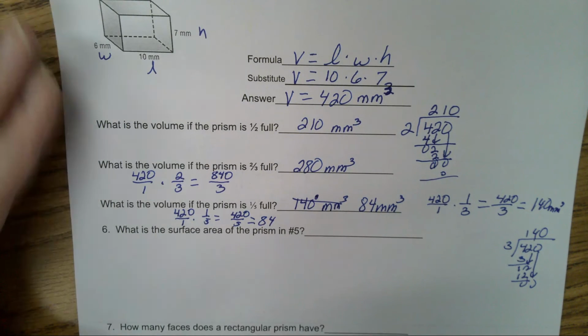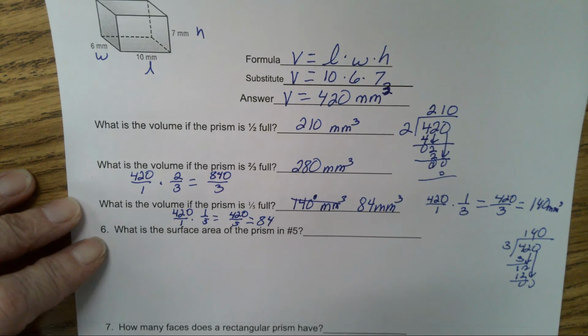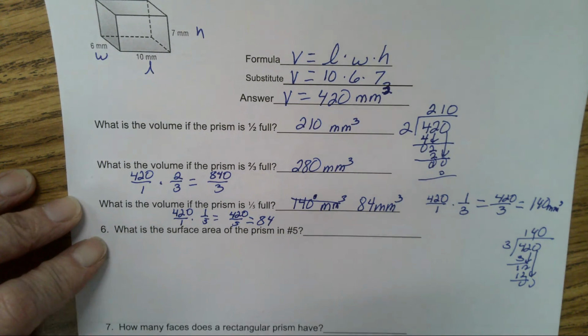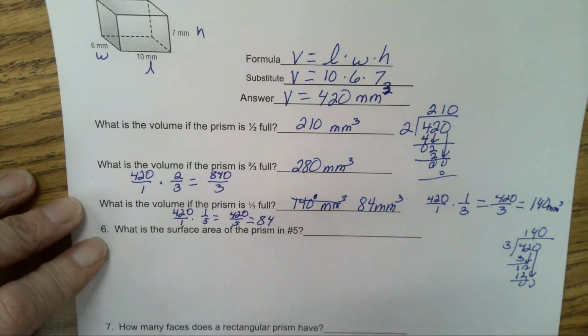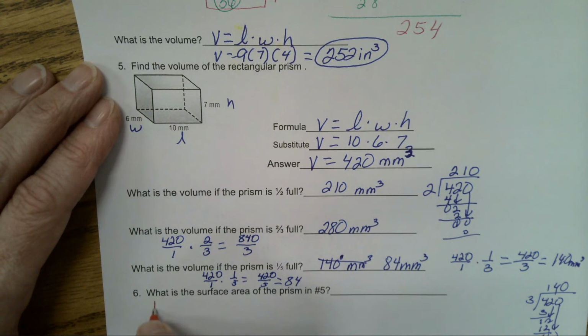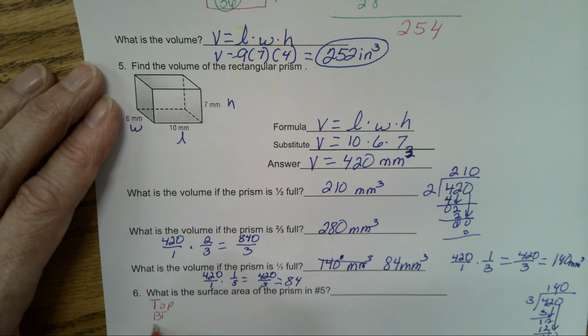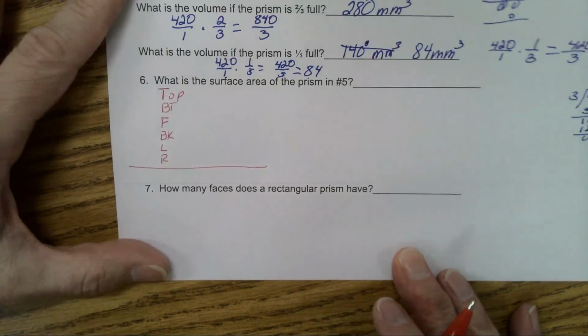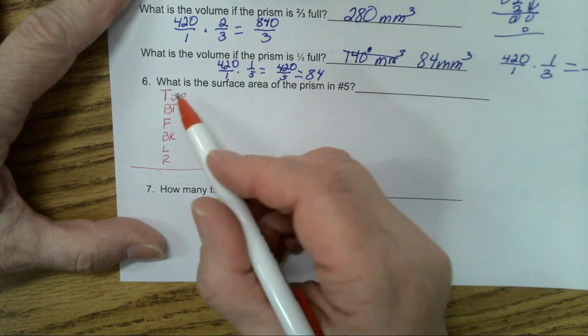Now, number 6. What is the surface area of the prism in number 5? Well, that's not hard. Surface area, we have to find the area of the top, the bottom, the front, the back, the left, and the right side. You all know that, right, kids? So to find the surface area, write that down.